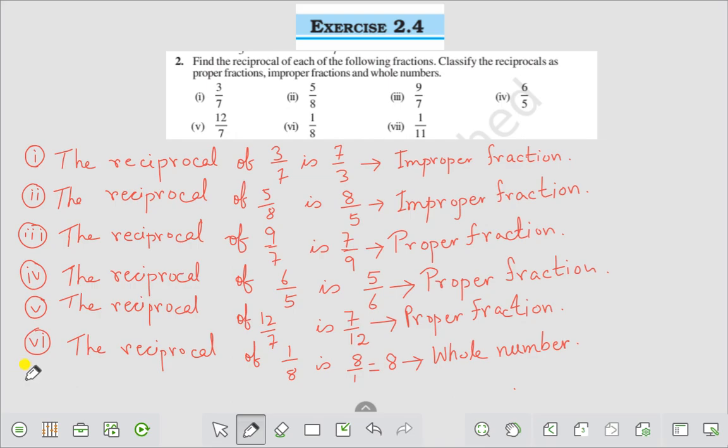Right? Now question number 7 is 1 by 11.